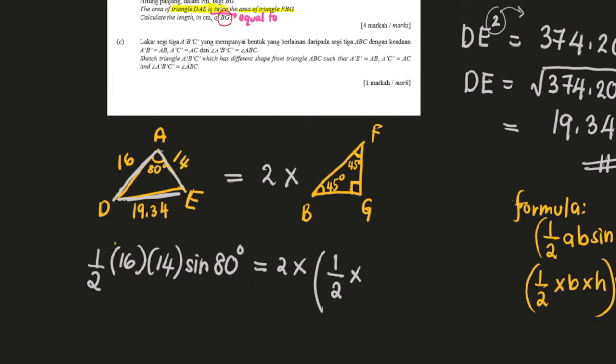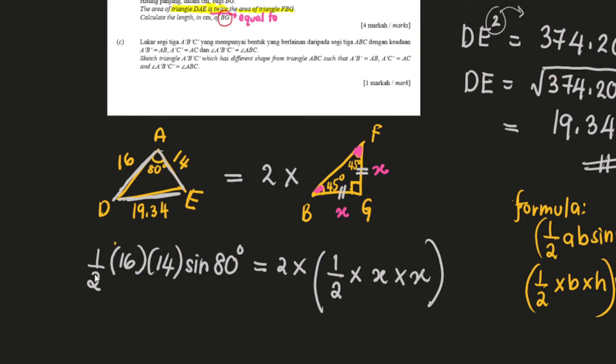Straight away you should know that these two lengths are equal. Why are they equal? Because the angles are the same. Since they are equal length, I'm going to write them as x and x. So if I manage to find one x, I already know the value of BG. So that means times x times x.